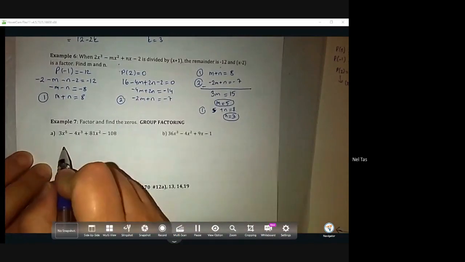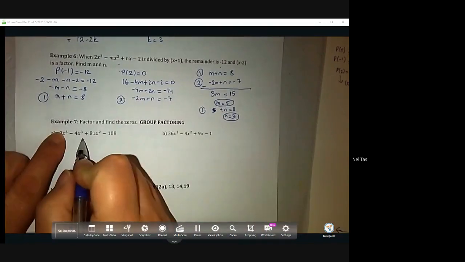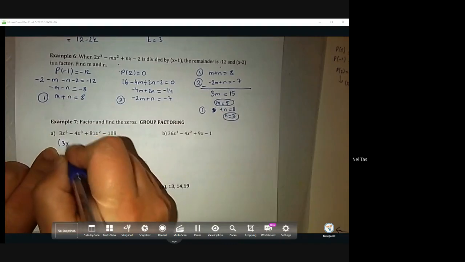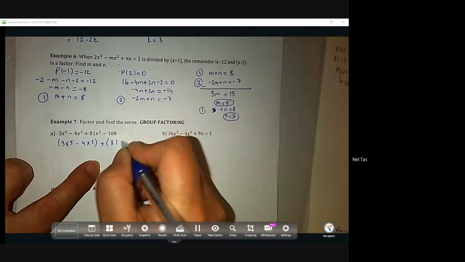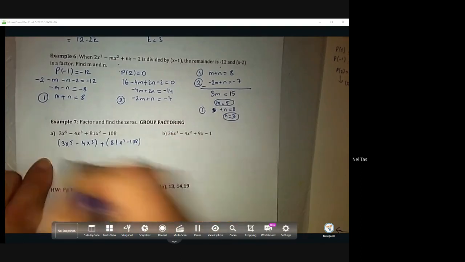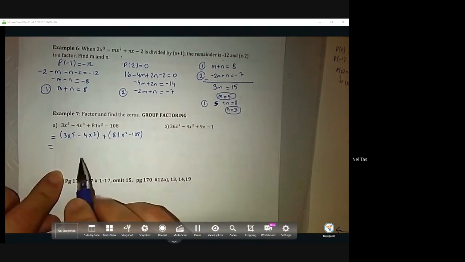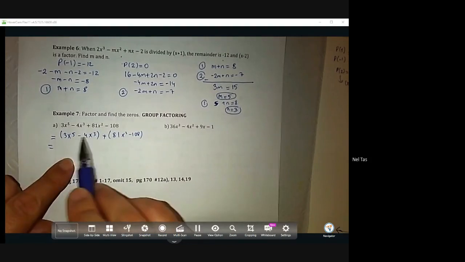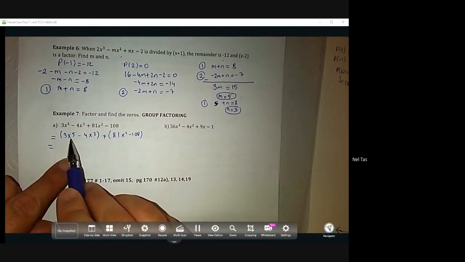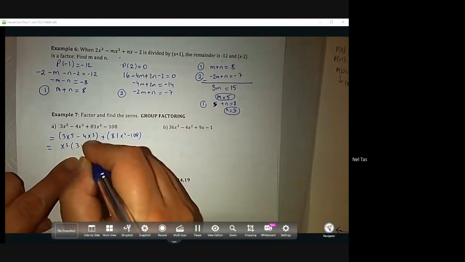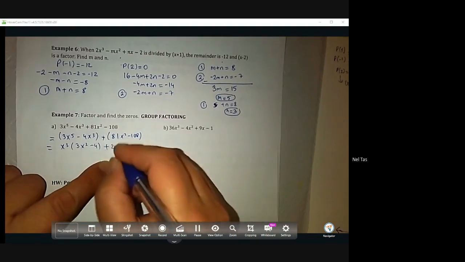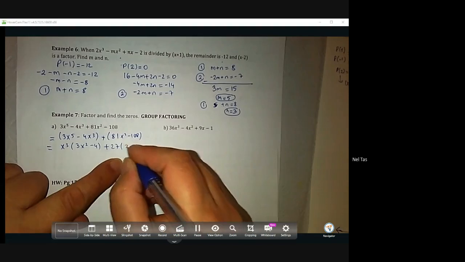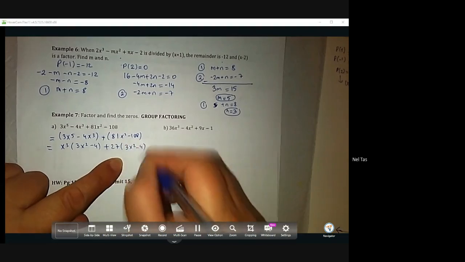Okay, so this is what I'm going to do. I'm going to take the first 2 terms and put them together, then I'm going to factor each bracket. We see that x cubed is a factor for the first one, and we see that 27 is a factor for the second one.